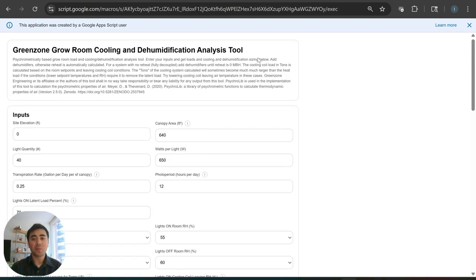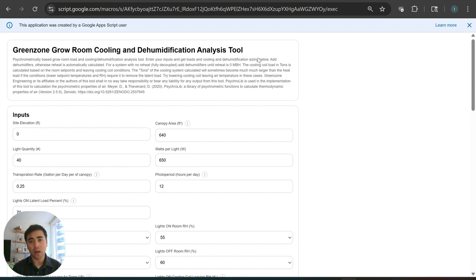I also do want to point out that the tool is psychrometrically based, in the sense that it uses a psychrometric chart. That means the thermodynamic properties of air, like the grains of moisture per pound of dry air, to calculate how much airflow is needed to remove the latent load at the specific temperature and humidity set points entered. That allows the tool to analyze the achievable temperature and humidity set points.